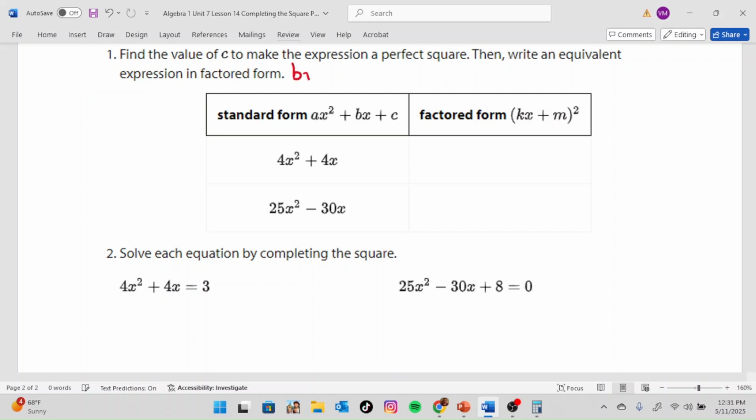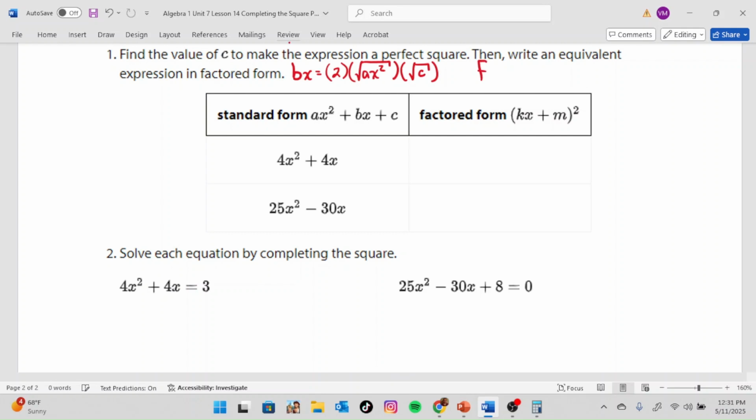We said that the bx term equals 2 times the square root of ax squared times the square root of c.